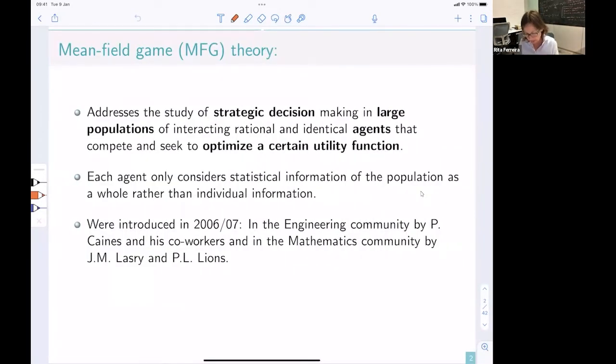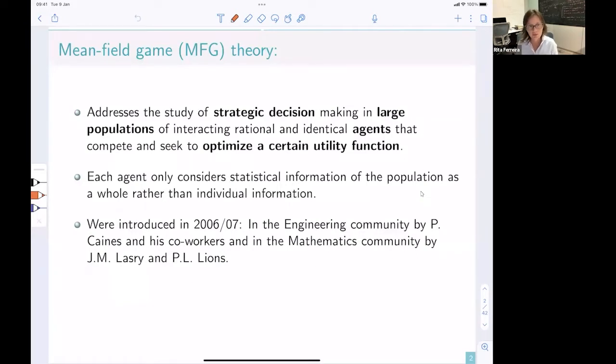So first of all, about the mean field game theory, which addresses the study of strategic decision making for large populations of agents that are rational and identical, and they compete and seek to optimize a certain utility function.